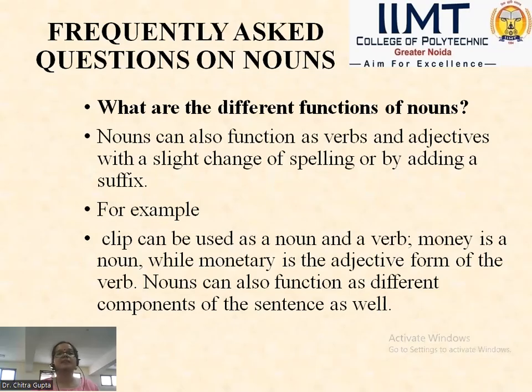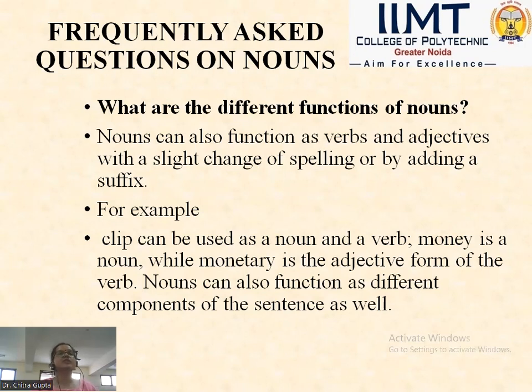Another example, money is a noun while monetary is an adjective form. So as I have explained to you, nouns can also function as different components of the sentence as well.